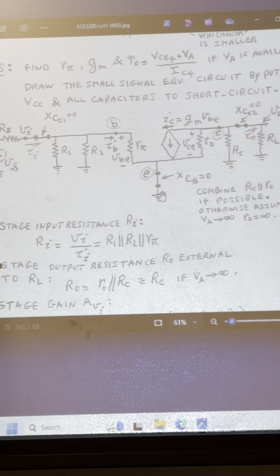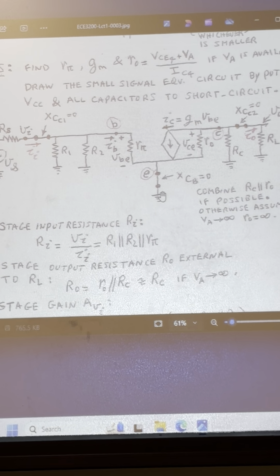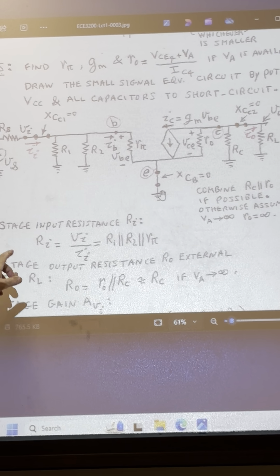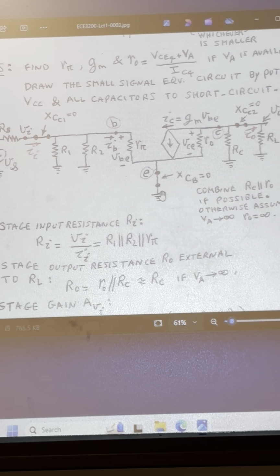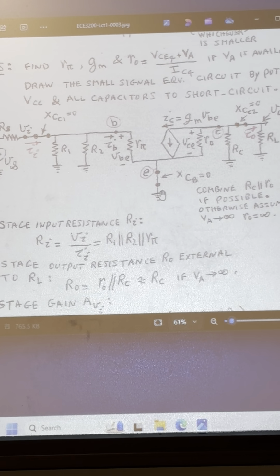Now you want to know how much is VI in terms of VS. How much is this voltage in terms of this voltage?